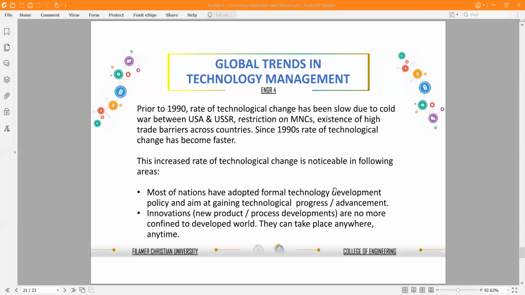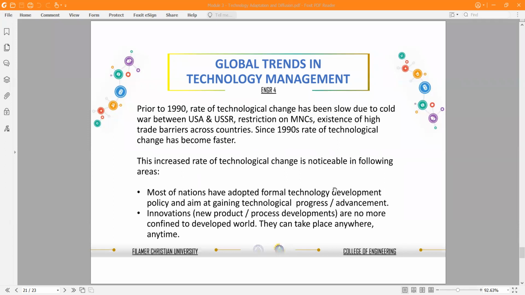They have already stopped because of the war, because of the Russian invasion of Ukraine. So this increased rate of technological change is noticeable in the following areas.